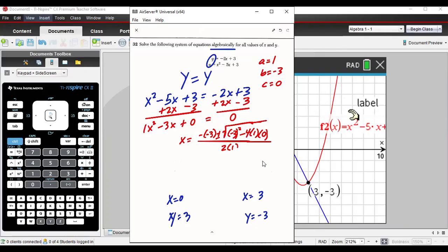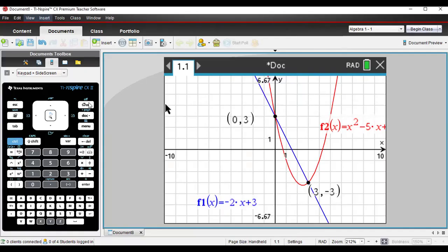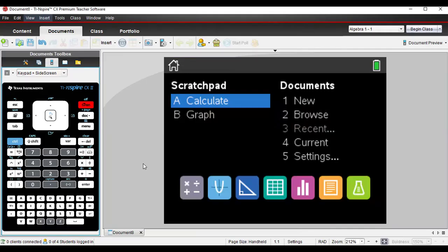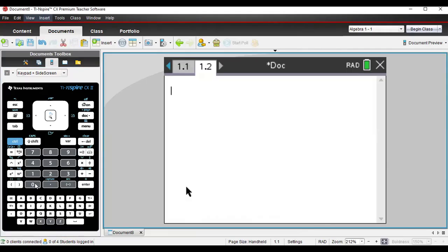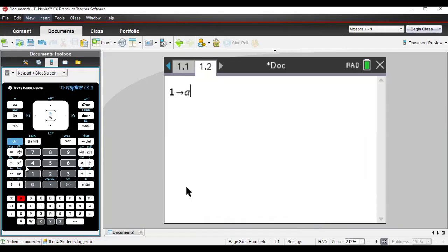From here, we take the calculator and let the calculator do the work. We go to the main screen and store 1 into A, and -3 into B. You might say that's a lot of work, but I think it's good practice because they always have quadratic formulas on this exam, and the better you know how to use it, the better you'll do.